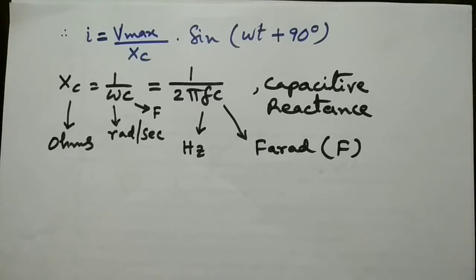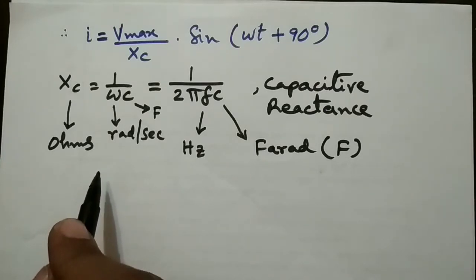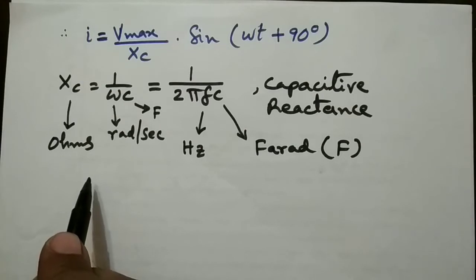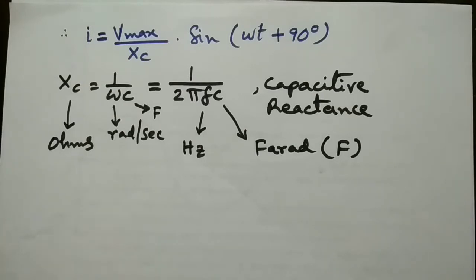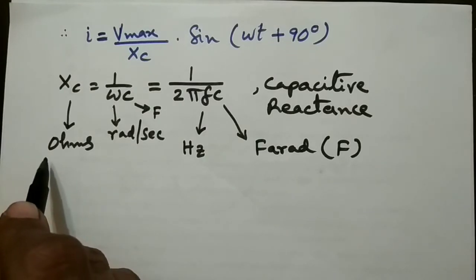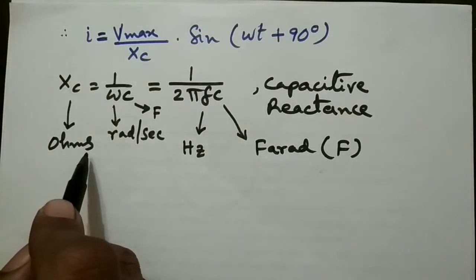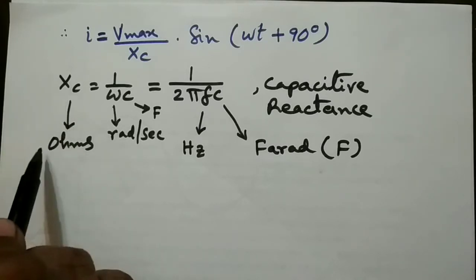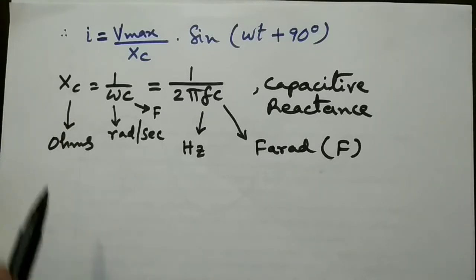Basically, when the potential difference is applied across the capacitor, as the charges are accumulated on the plates of the capacitor, these charges oppose further flow of charges towards the capacitor plate. That's why it basically opposes the flow of current, and the unit of the capacitive reactance is mentioned in ohms.